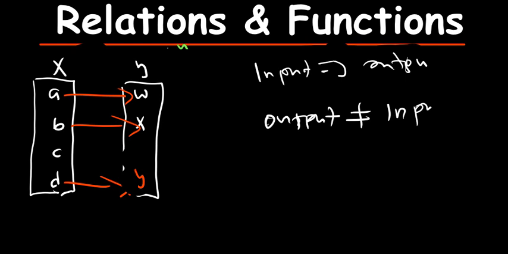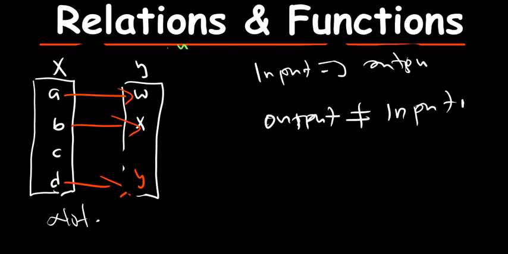For every input, any value should at least map to Y. So here I'm left with this C, which has not mapped to anything. So this is not a function. But if C was in Y, then we can say that it is a function. I hope you are getting the logic there. I want you to understand.